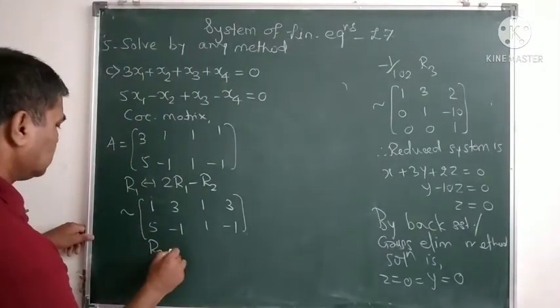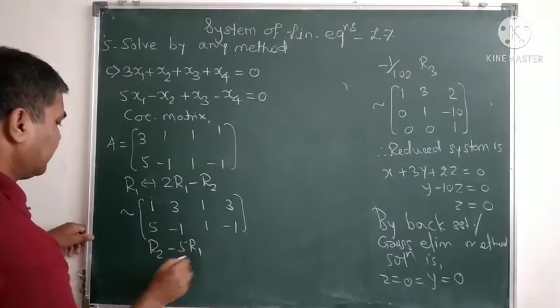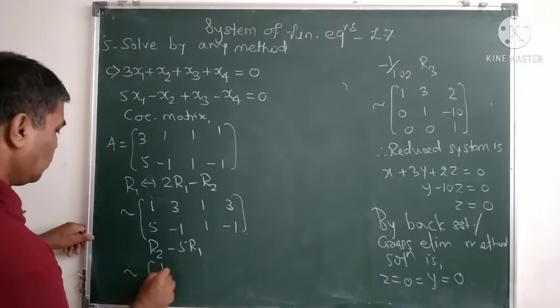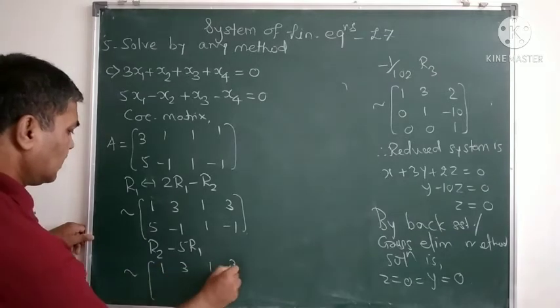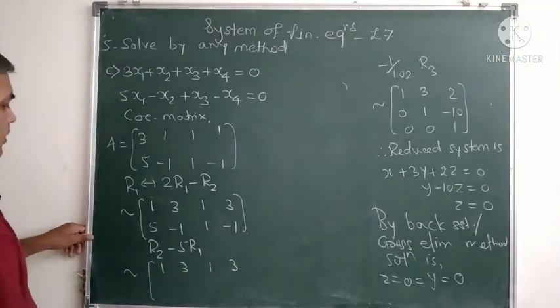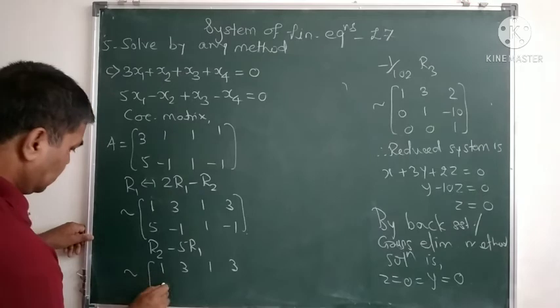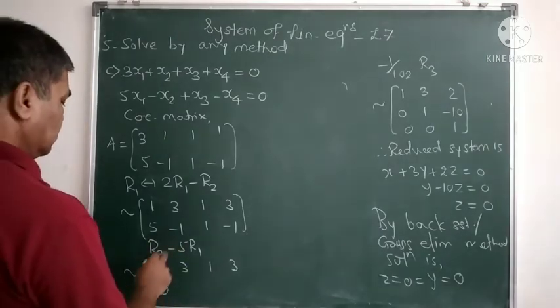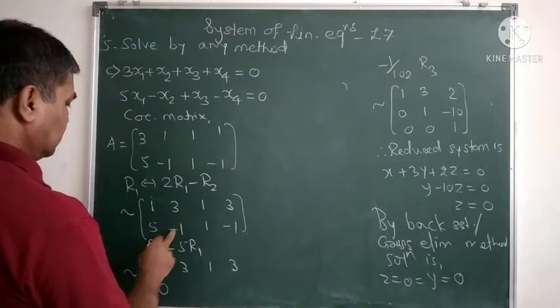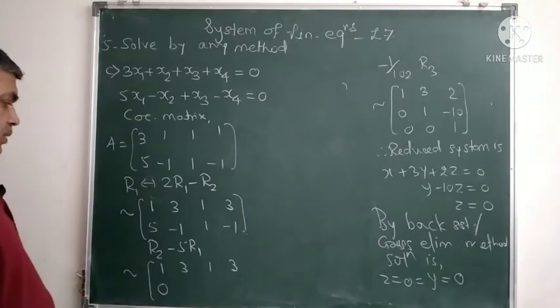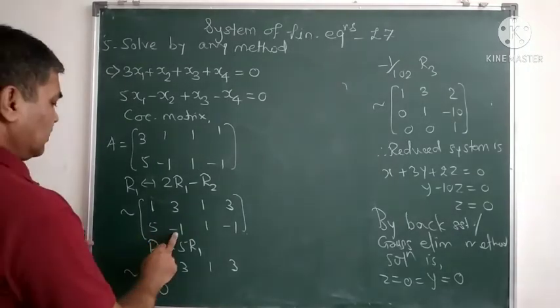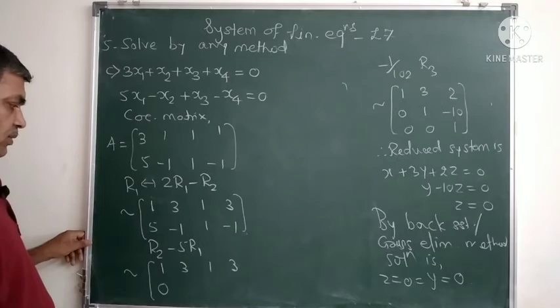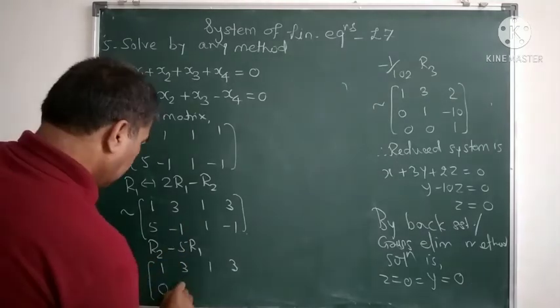R2 minus 5 R1. This gives us 1, 3, 1, 3. 5 minus 5, 0. Then minus 1, minus 15, minus 16.